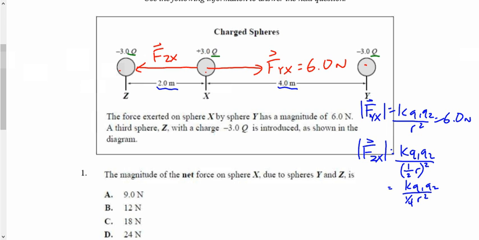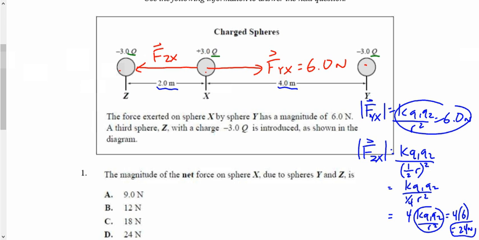And to divide by a fraction, you have to multiply by the reciprocal. So it ends up becoming 4 times k q1 q2 over r squared. We know the value of k q1 q2 over r squared. It's 6. So it becomes 4 times 6, which is 24 newtons. Fzx is 24 newtons to the left.